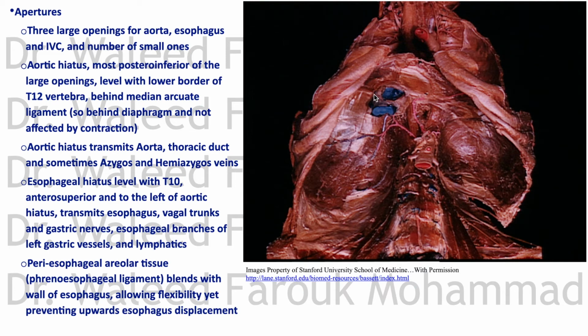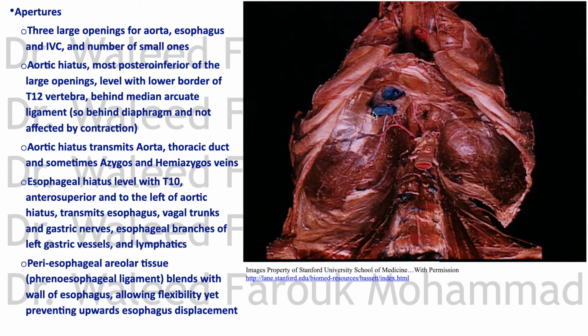Now I want to talk about two points here. First of all, note that the inferior vena cava opening is inside the tendon. And actually the tendon fuses with the walls of the inferior vena cava. It's not separate. It's attached to the walls of the inferior vena cava.